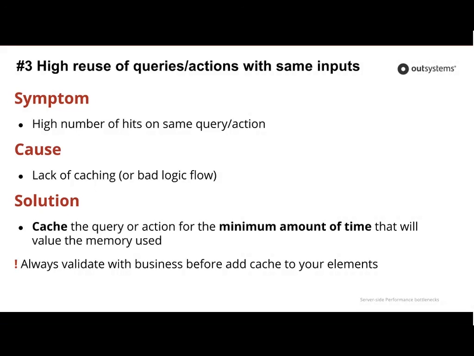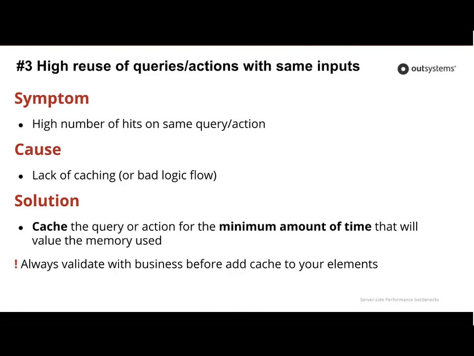Another rule is the usage of caching. Whenever you have the same query executed several times or a specific user action executed several times within a specific period, you're going to end up with the same result, but always relying on the logic, either logic from the application server or logic from the database.